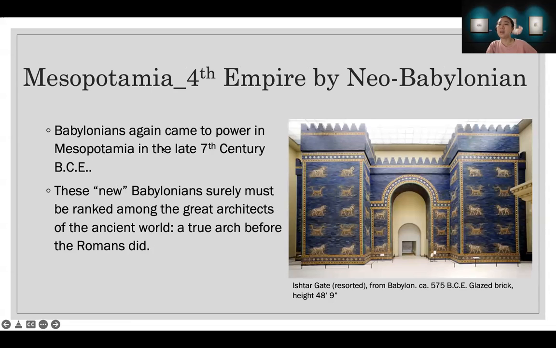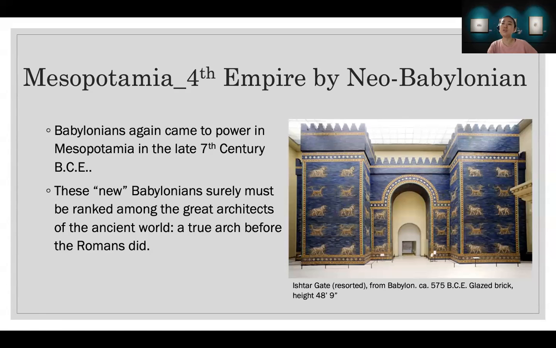Babylonians again came to power in Mesopotamia in the late 7th century BCE, and they formed a kingdom now called the Neo-Babylonian. These new Babylonians surely must be ranked among the great architects of the ancient world.